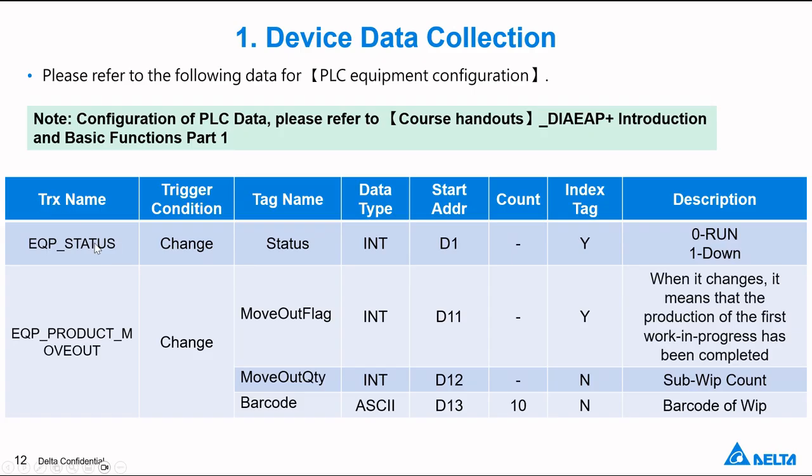You can see here the transaction name, trigger conditions, index tag, and also the description. So you can use this table to create it.